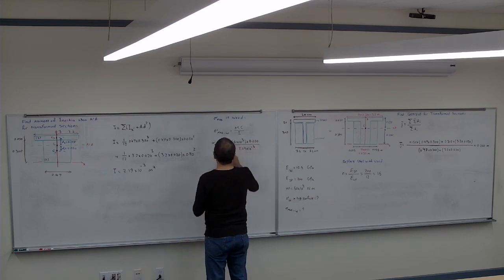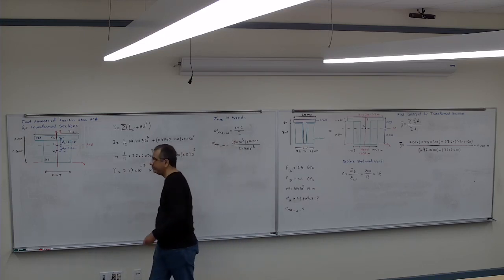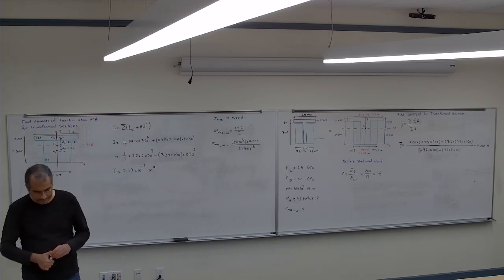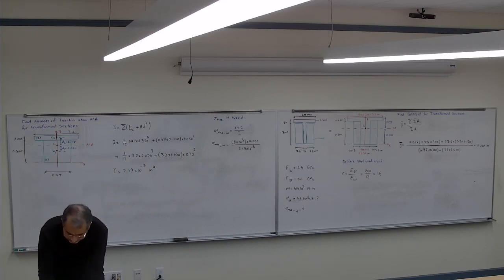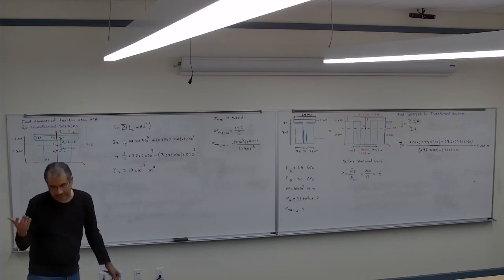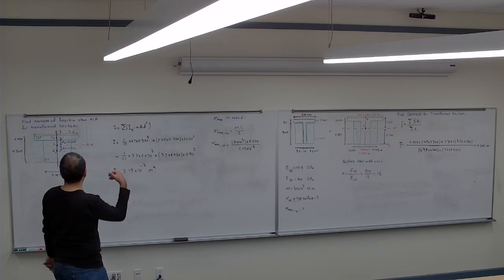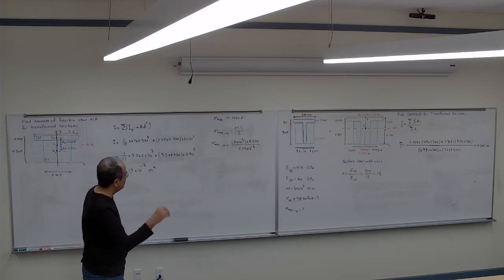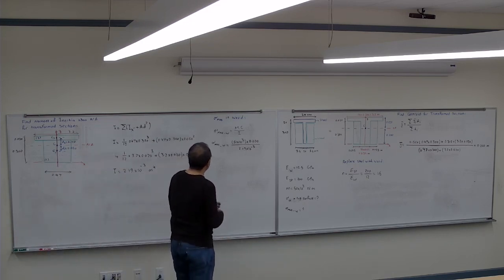So is it going to be positive or negative? Actually, you can say that depends on how the moment is applied, so you're just going to calculate it for the positive.